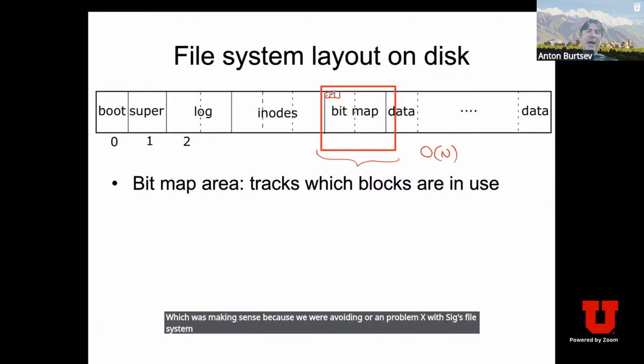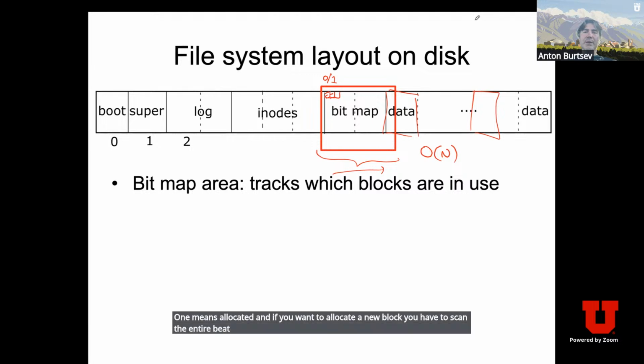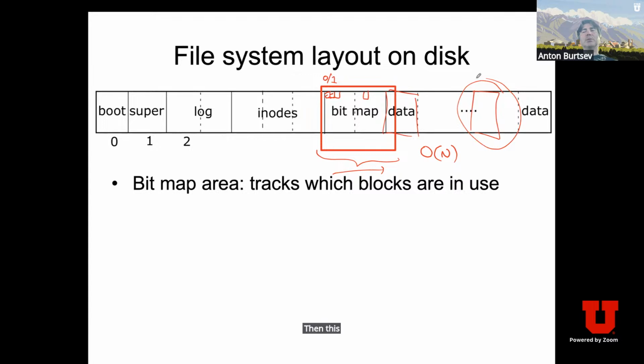They just keep track of allocated and unallocated blocks in the data area in the form of a bitmap. Roughly speaking, 0 means unallocated, 1 means allocated, and if you want to allocate a new block, you have to scan the entire bitmap area until you encounter an unallocated block, and then this data block is allocated for a file.